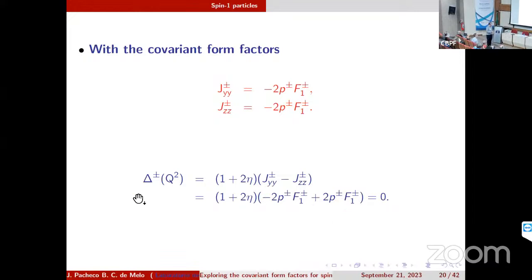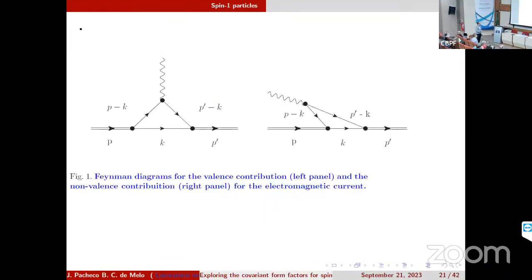That proves the angular condition. Coming to zero, no way. Okay, what is happening? You need to restore the covariance. You need this non-valence component or zero mode. People discuss a lot here. You have the valence component in the triangle diagram, and you need to add this guy here.